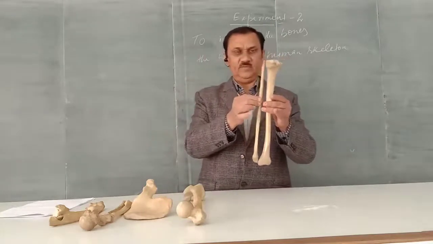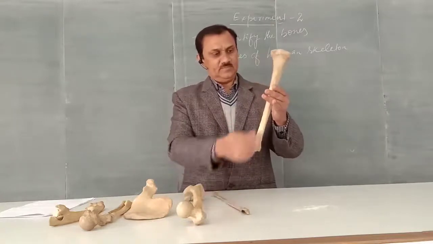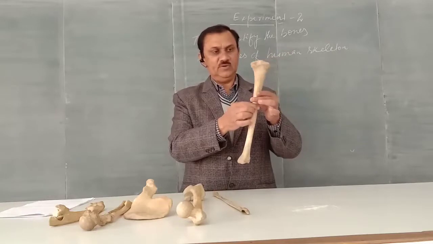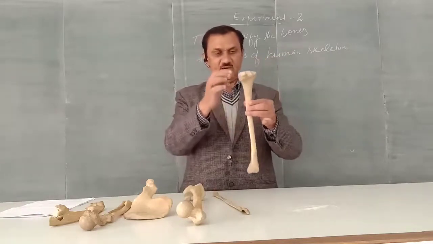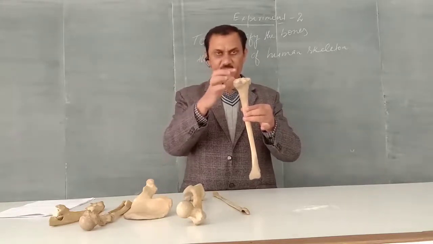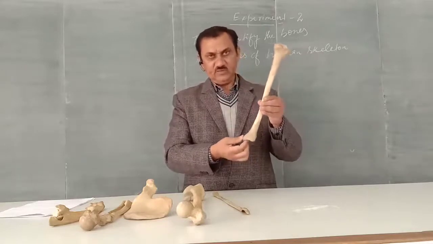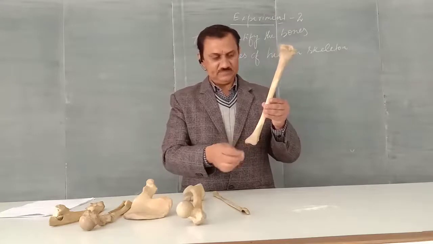So tibia and fibula bones are present in the shank region. This bigger, thicker, stronger bone, which is called the tibia, makes a joint with the femur in the knee region. The other end makes a joint with the tarsus in the ankle region.